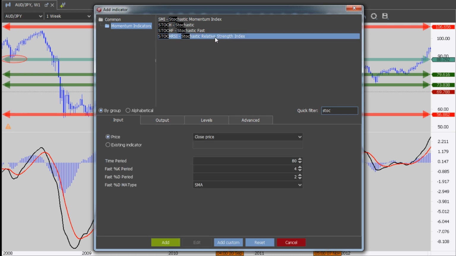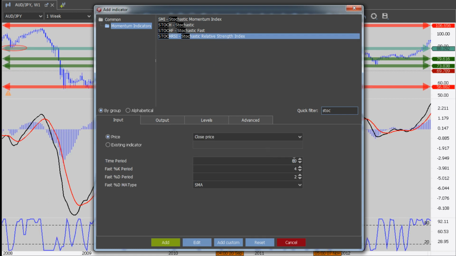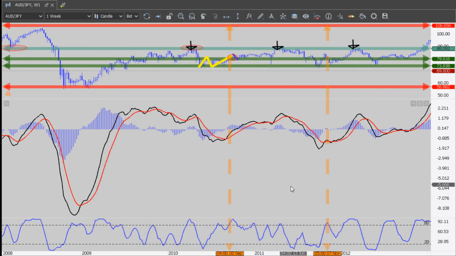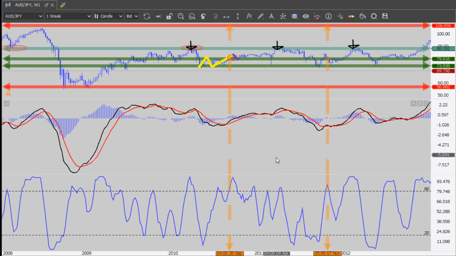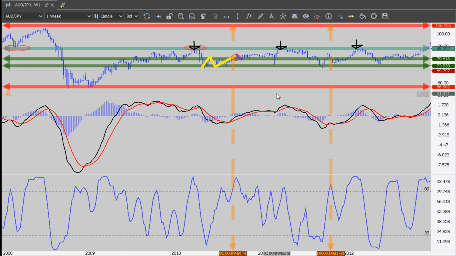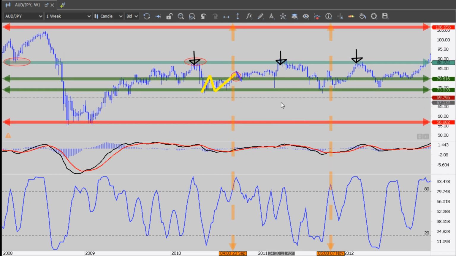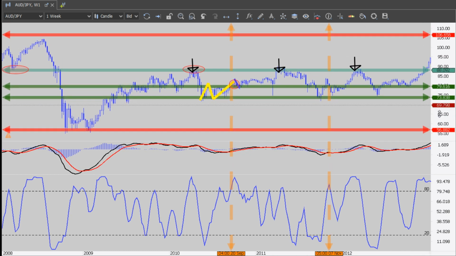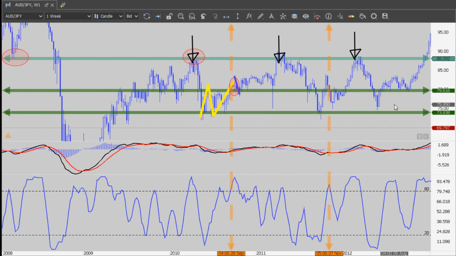What are the parameters of stochastic? 14.85, right? Maybe. When trading pivot points, everybody, you have no technical tool, nothing is going to help you. You cannot predict if the market is going to break or not.